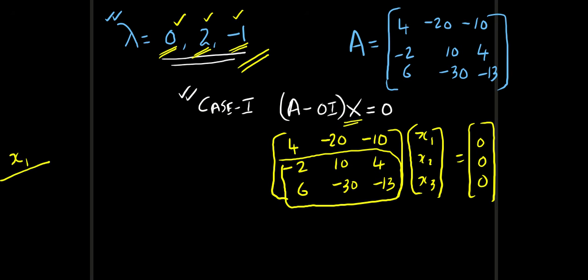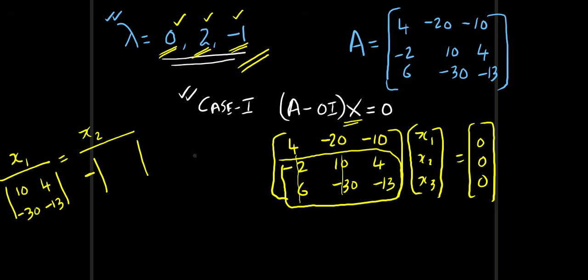That is x1 by, you leave the first column, so I'm going to write the determinant 10, 4, minus 30, minus 13, is equal to x2 by, don't forget this negative, now leave the middle column, so minus 2, 4, 6, minus 13, that will be equal to x3 by the determinant, now leave the last column, so that's going to give you minus 2, 10, 6 and minus 30. And you can call it equal to k.